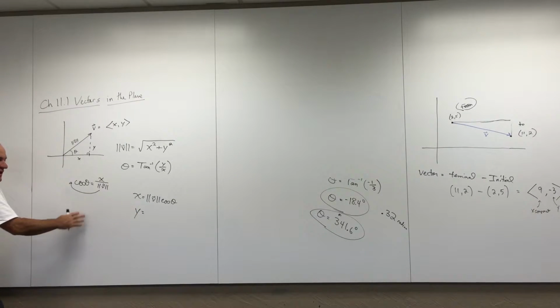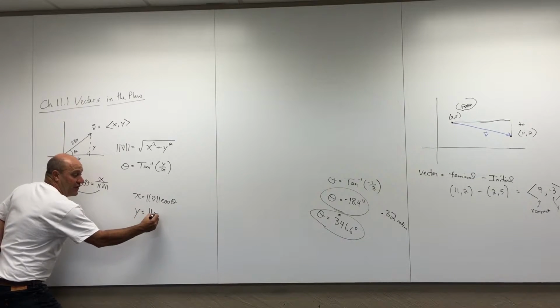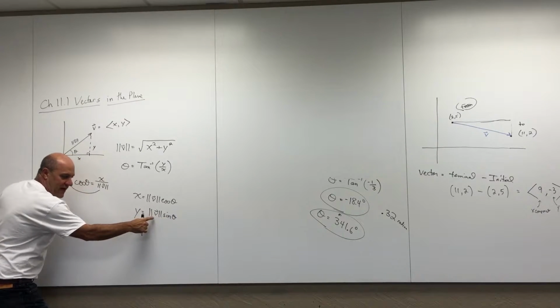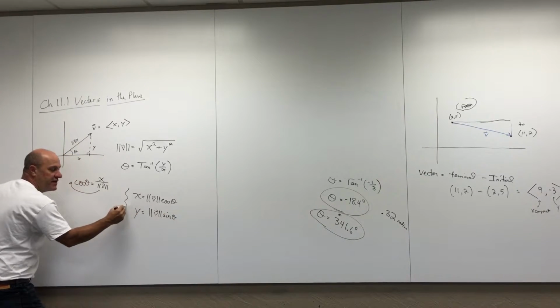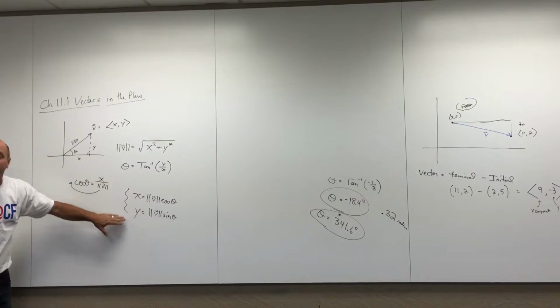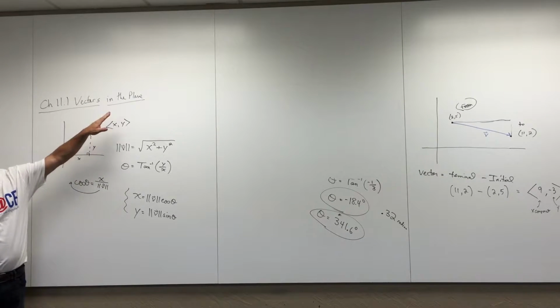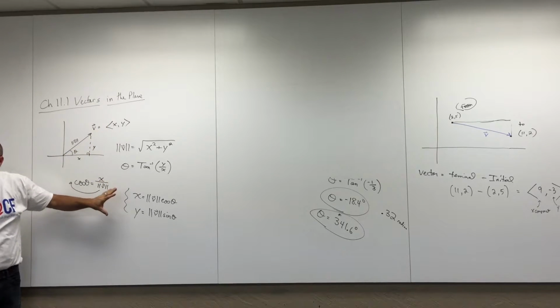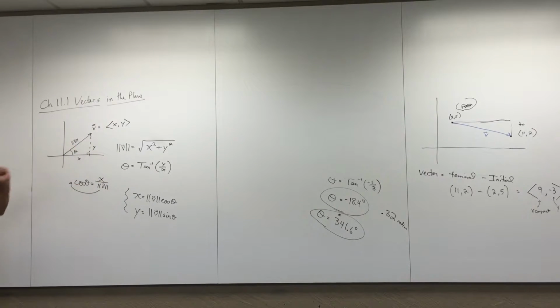It's the magnitude of the vector times the sine of the angle. So given the magnitude and the angle, can you get the x and y components? Given the x and y components, can you get the magnitude and the angle? Yes, so you can work back and forth here, and it all falls out of this picture.